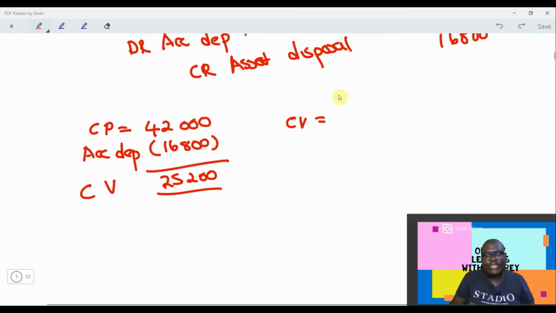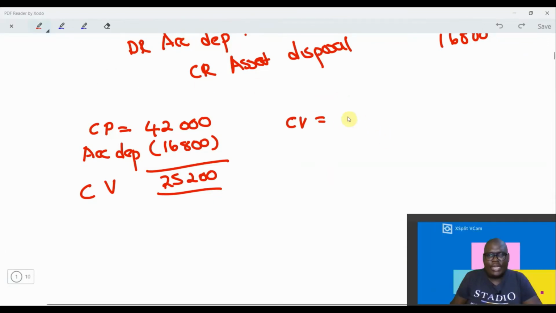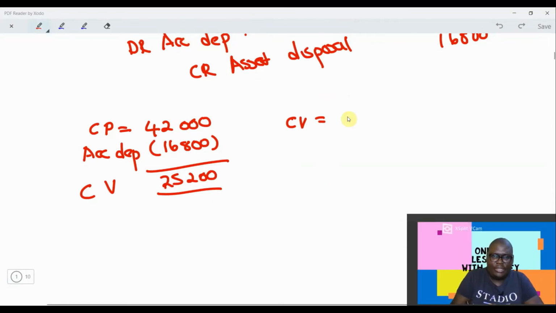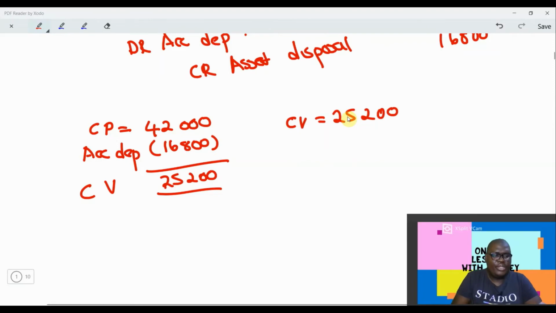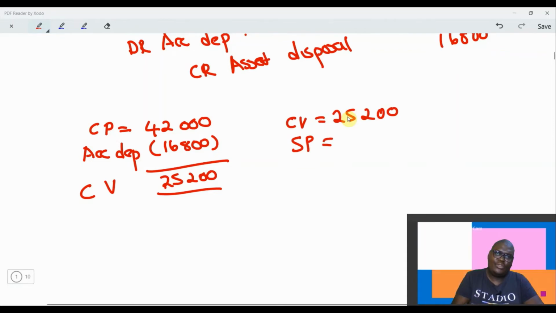It's very important. So we know already that our carrying value is supposed to be 25,200, which comes from 42,000 minus 16,800, and our selling price was 18,000.